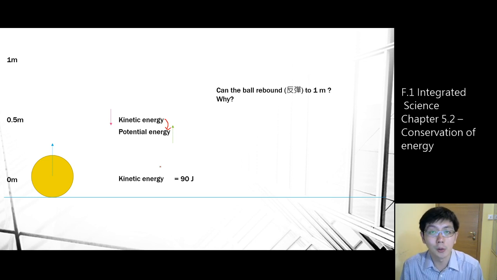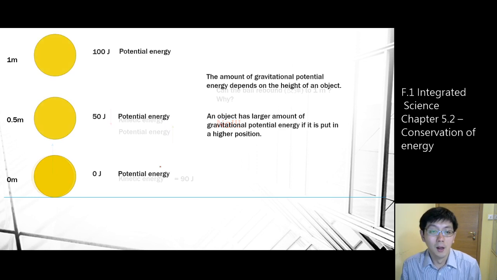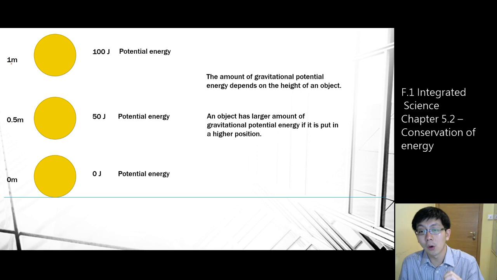Okay, now I'm going to reveal the answer. Of course not. I show you this slide again. The amount of potential energy depends on the height of the object. If the object has a higher height, it stores larger amounts of potential energy.